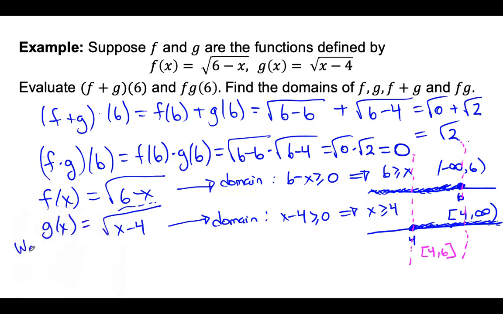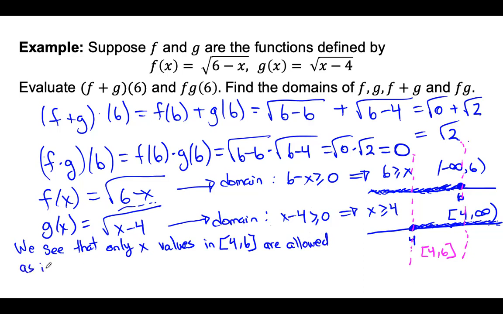So let me put it in words, that only X values in 4 to 6, including those endpoints, are allowed as input for f plus g and f times g.